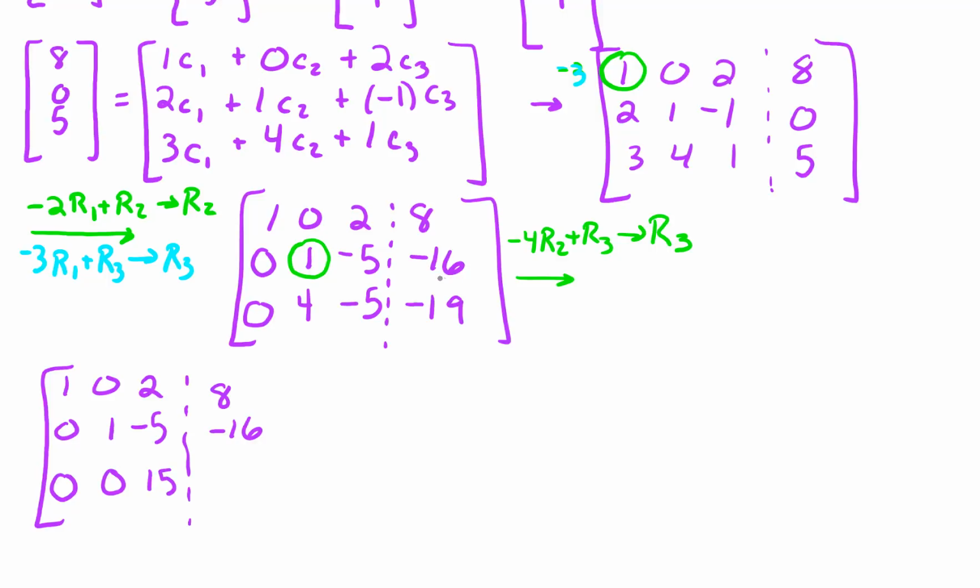And a negative 16 times a negative 4 is going to give us 64, and 64 minus 19 gives us 45.